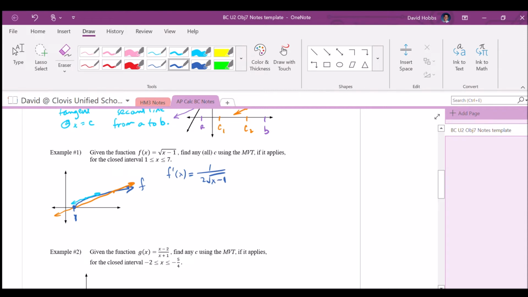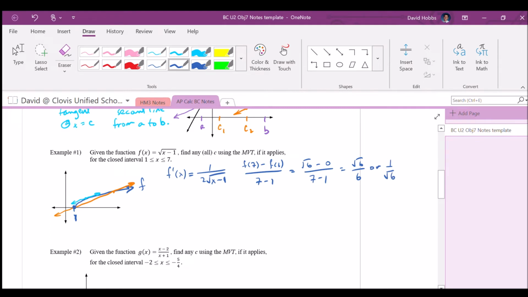And I need to calculate the slope of my secant line on this closed interval: f of 7 minus f of 1 over 7 minus 1. If I input 7, I get root 6. If I input 1, I get square root of 0, which is 0. And 7 minus 1 is 6, so I get root 6 over 6, which rationalized is the same as 1 over root 6, either way.